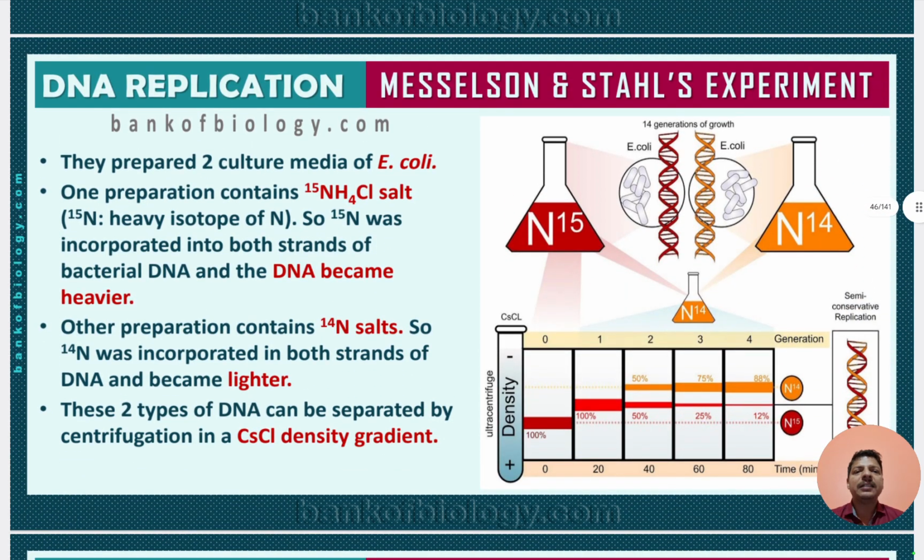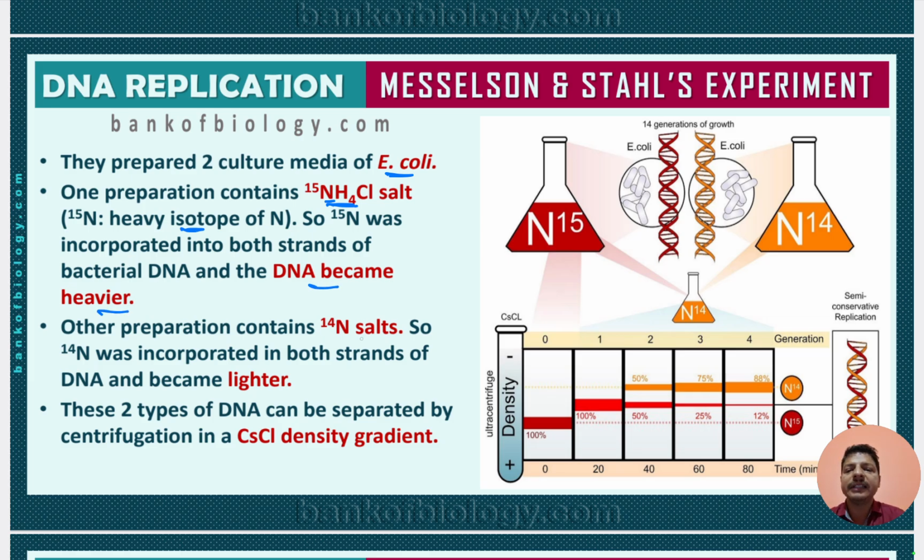Then the Meselson and Stahl experiment. They prepared two culture media of E. coli. One preparation contains NH4Cl salt, where N15 is taken because it is the heavy isotope of nitrogen. So N15 was incorporated into both strands of the bacterial DNA and the DNA becomes heavier.